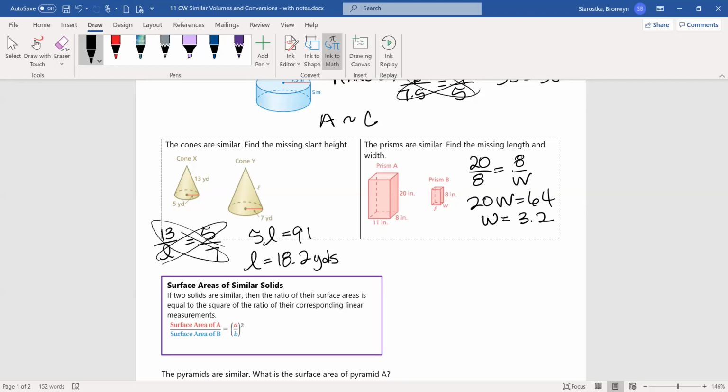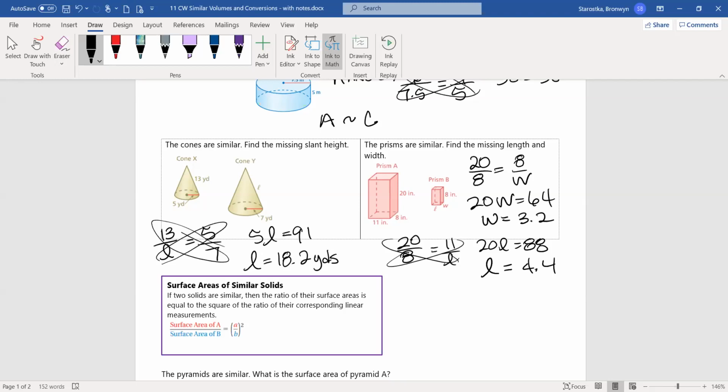And again, we can use that same ratio. 20 over 8, height over height equals length over length. 11 over L, cross product, 20L equals 88, which means the length is 4.4.